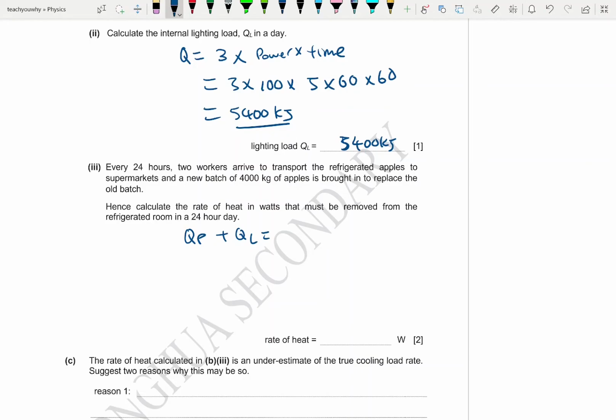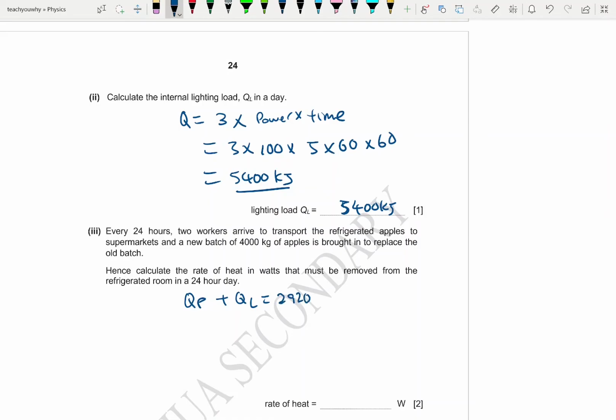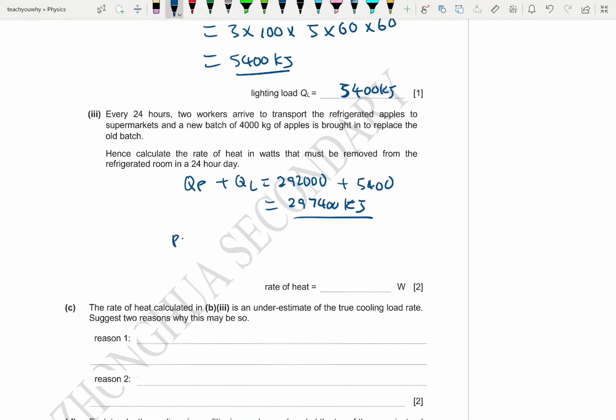So it will be equal to 292,000 plus 5,400, giving 297,400 kilojoules. Now, we want power, so power equals energy over time.